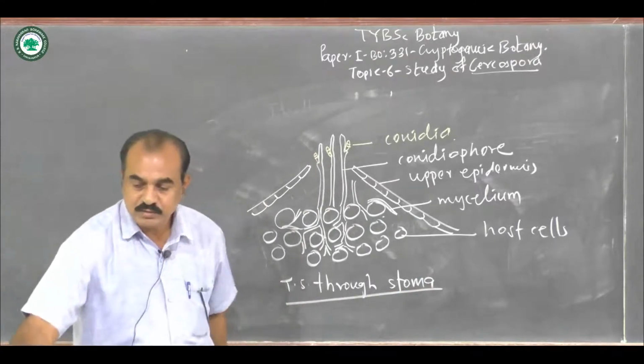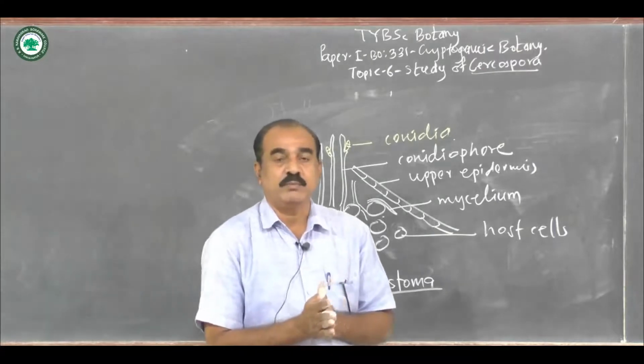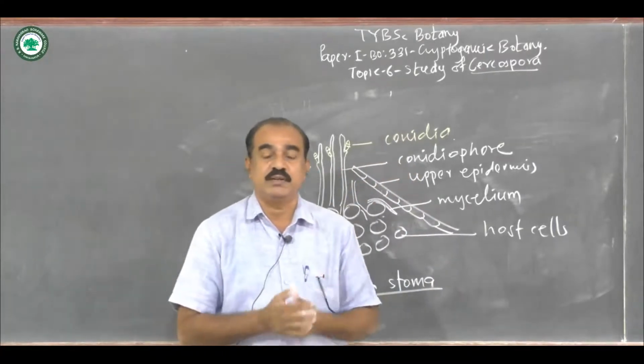So this is the TS through the stroma. That means a very large amount of the mycelium is developed just below the upper epidermis or in the substomatal cavity.